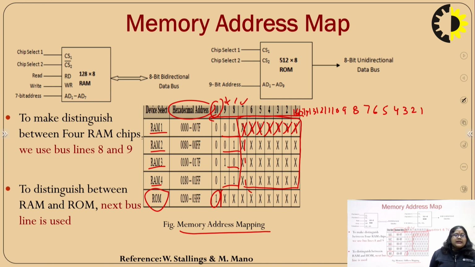Due to the size of the ROM chip, 512 into 8, 9 bits are required. Because there is only a single ROM, we don't require any other bits for ROM 1, ROM 2. But due to the RAM and ROM differentiation, we designate 1 for ROM and 0 for RAM. So this is the address mapping table.